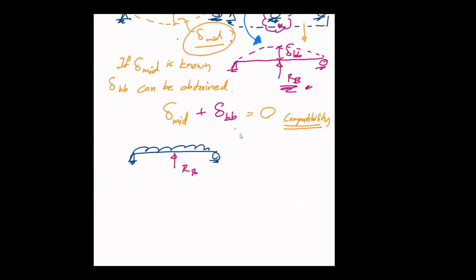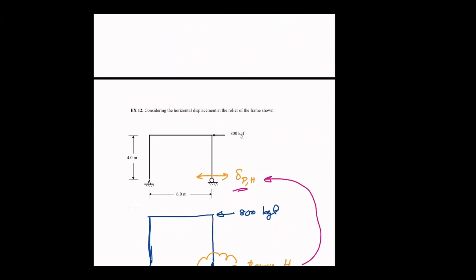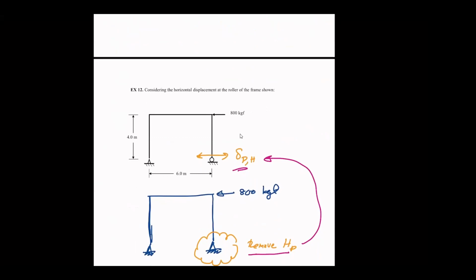So when I consider this, I know that if I look at this determinate frame, I have this displacement. So it's like a twin with this structure. In this structure, this one is indeterminate.